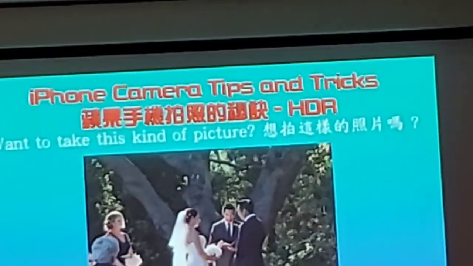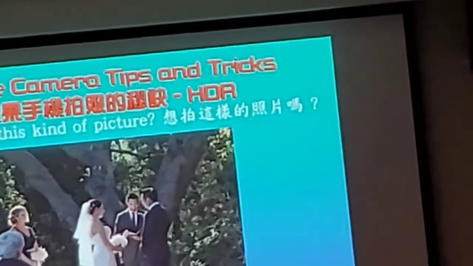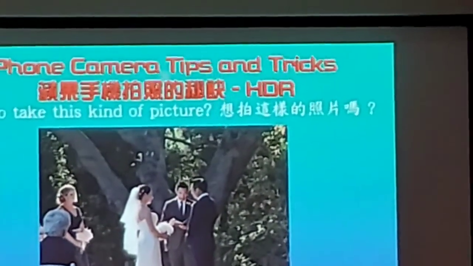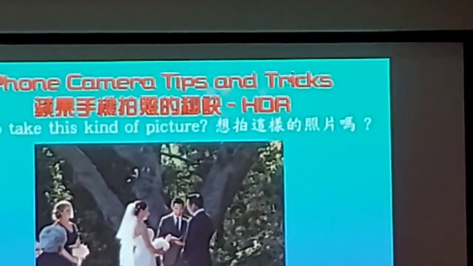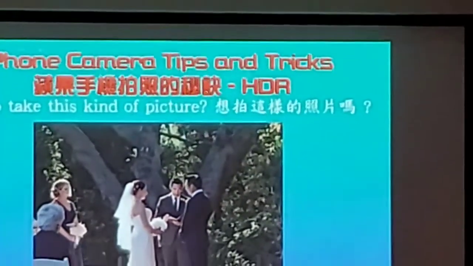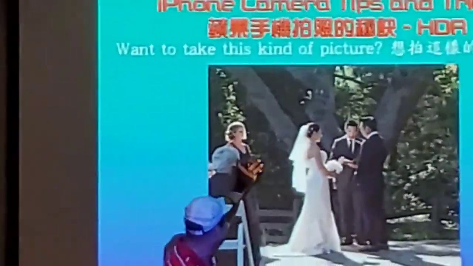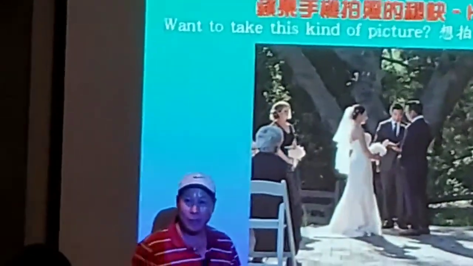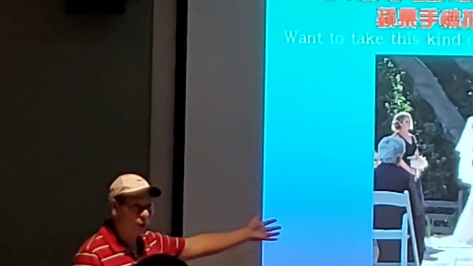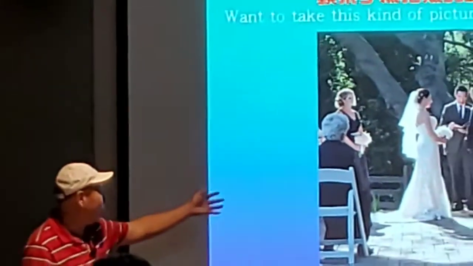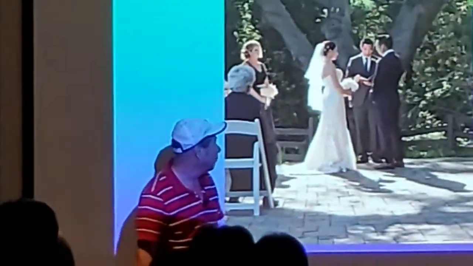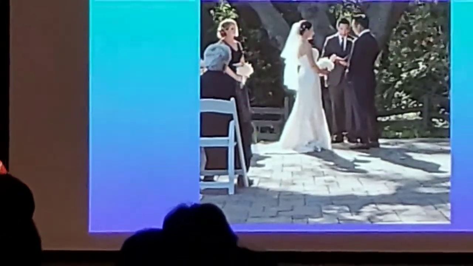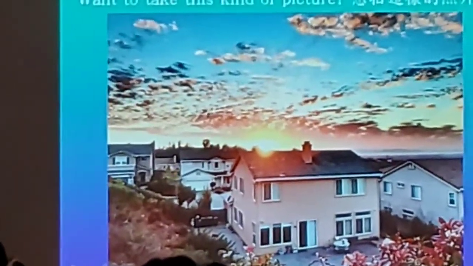Okay. It's a nice picture. You see the lines on the bed, right? And if you have a regular SLR camera, you have to do a lot of work afterwards to make the picture show all the dark areas. You can see it. Sunset picture.